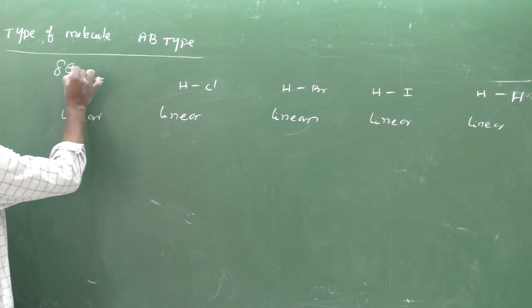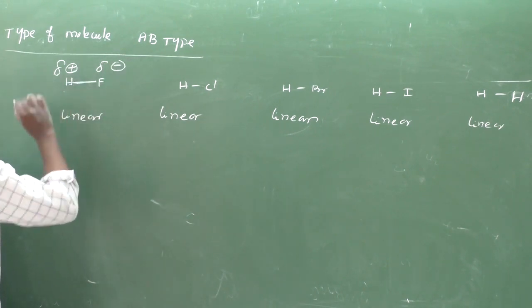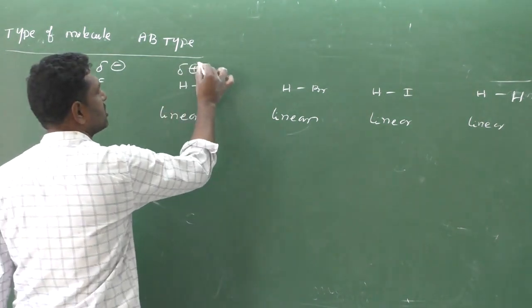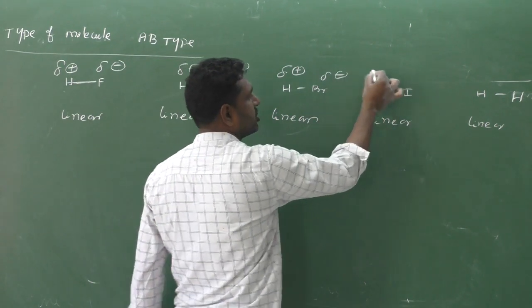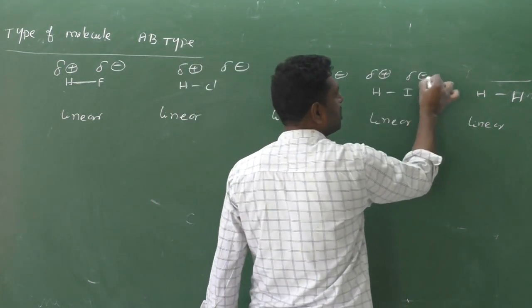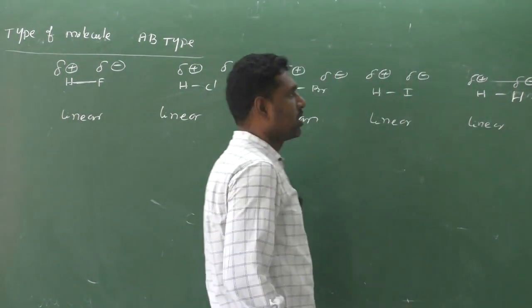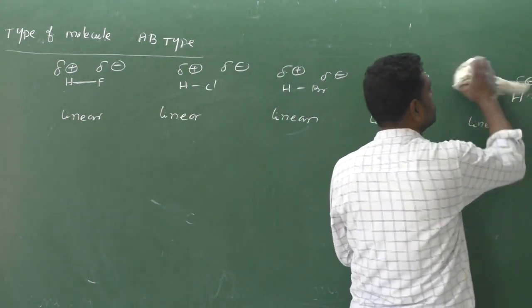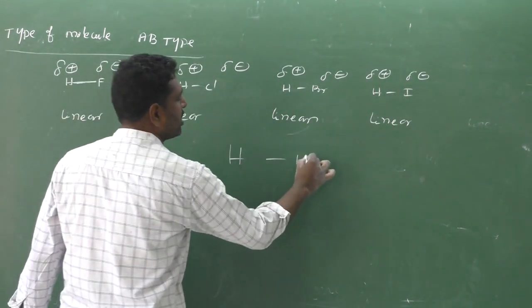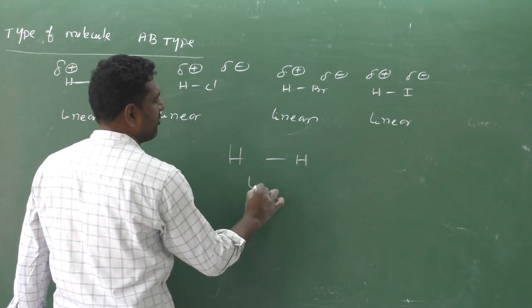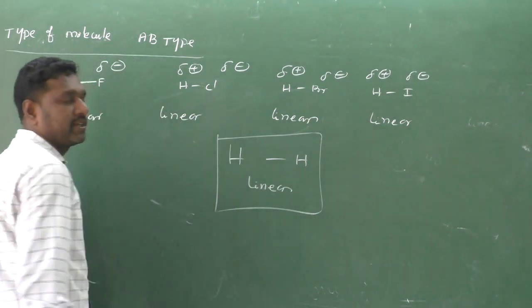Therefore it gets a positive charge, and the other gets a negative charge. In the case of hydrogen, the atoms are the same, so there is no charge at all. It is a linear molecule.